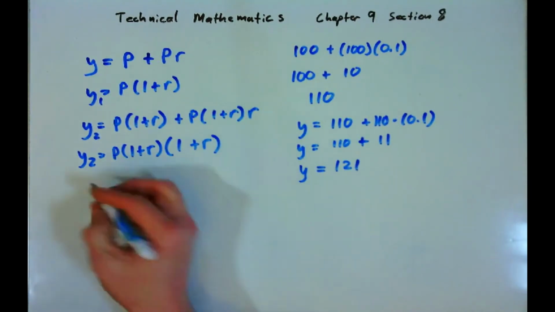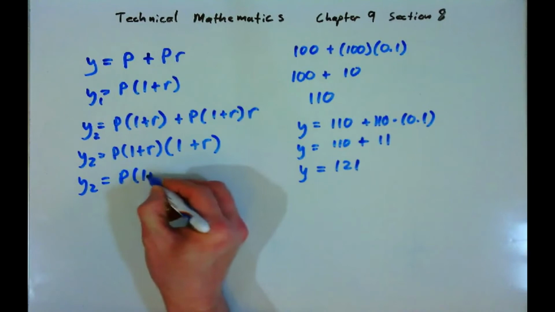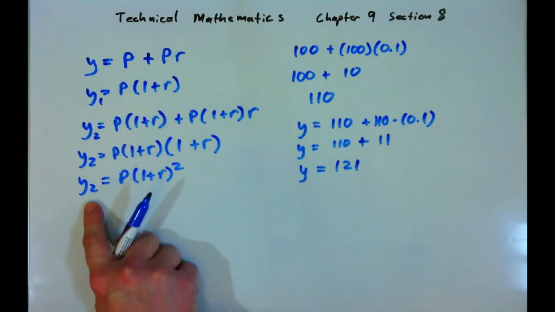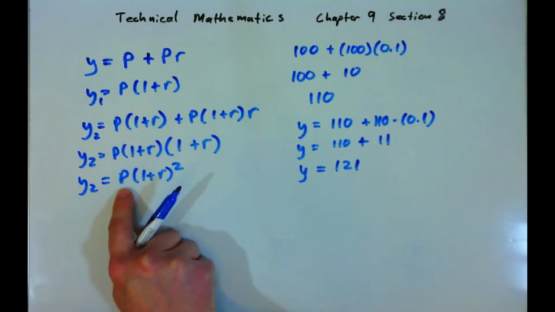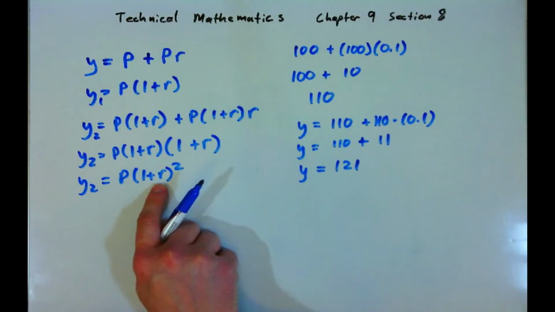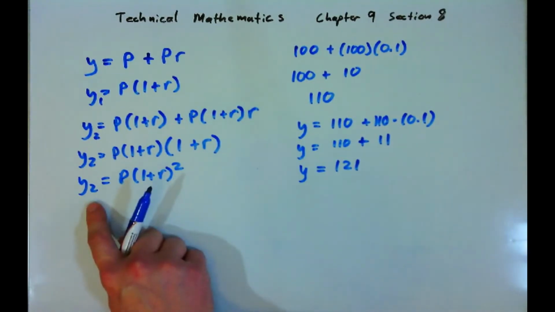And so 1 plus R times 1 plus R is 1 plus R squared. So at the end of the second year, whatever your initial investment was, $100, times 1 plus your interest rate squared is how much money you will have at the end of the second year.